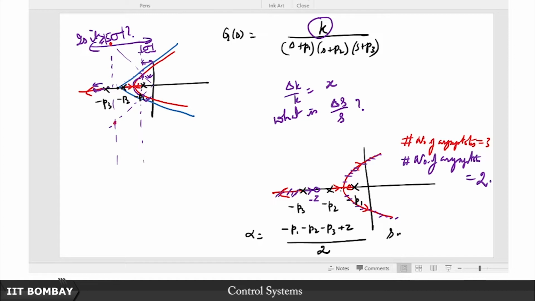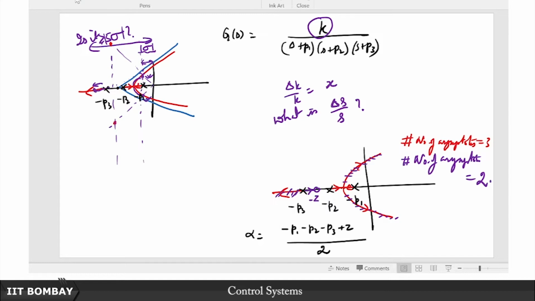So then it might happen that your centroid actually shifts to the right. But since the 0 is actually between minus P2 and minus P3, at least it has not been able to cancel out the effect of minus P3. So this quantity on the numerator, even if it is less than earlier, is still negative. So therefore the centroid is still in the left half plane. So we don't have to suppose that really. For this configuration, we know that the centroid is in the LHP.